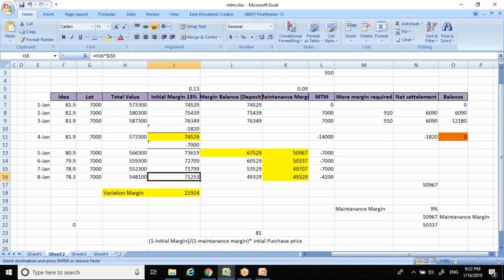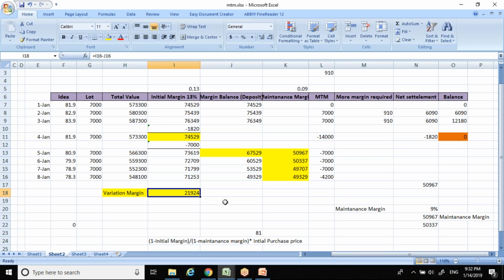So the variation margin is basically the difference between the current initial margin and the current account balance. You can see the difference comes to around 21,924. So you have to put this money back.